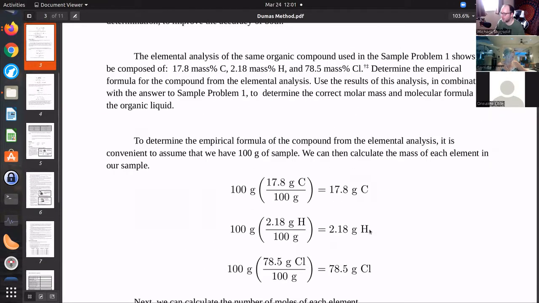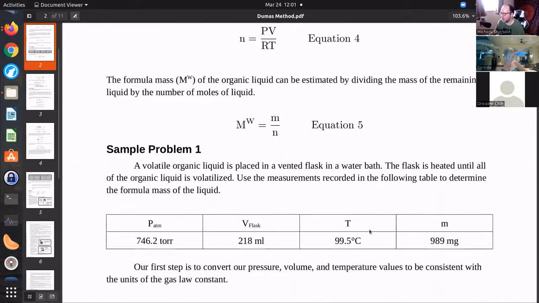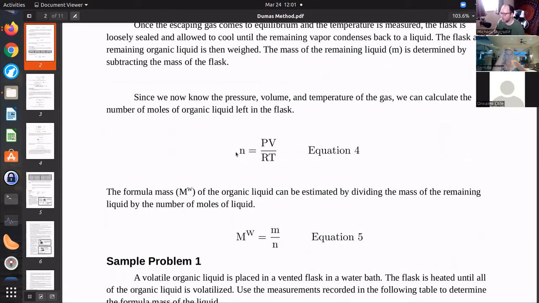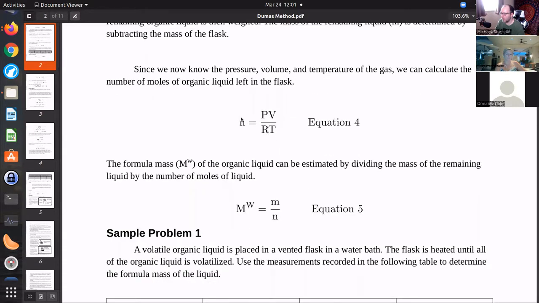So this is actually getting at this formula right here, the ideal gas formula, which is going to be one that we're going to be using a lot in the last couple weeks. So this is kind of like a little preview of that.